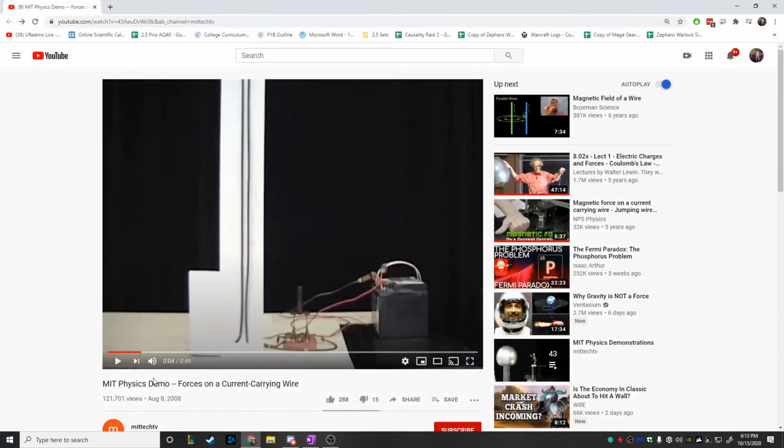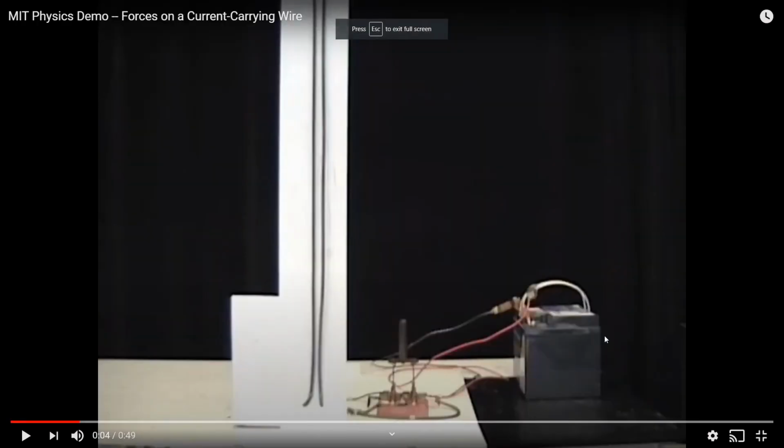Okay. Let's watch this demo. So they've got this battery right here, which kind of looks like a car battery, connected up to these two wires here and here. And yeah, let's see what happens. It's a pretty short video.